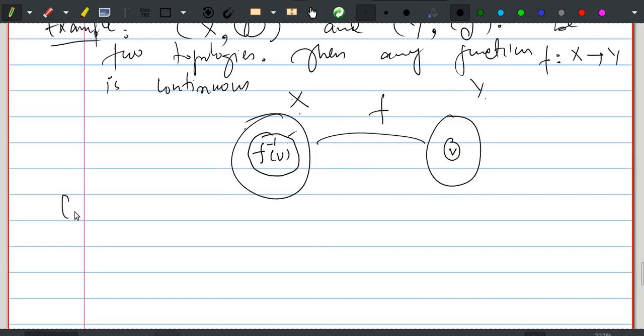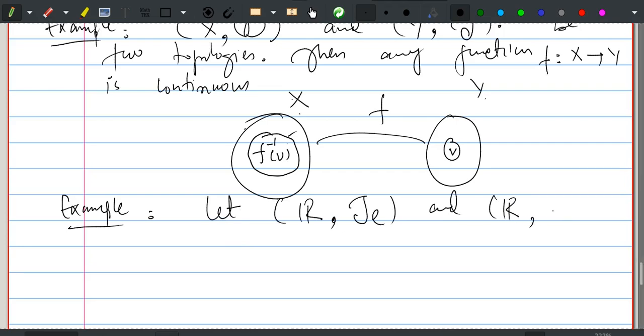So let us do one more example. So let us take R equipped with the lower limit topology and the same set with the usual topology.